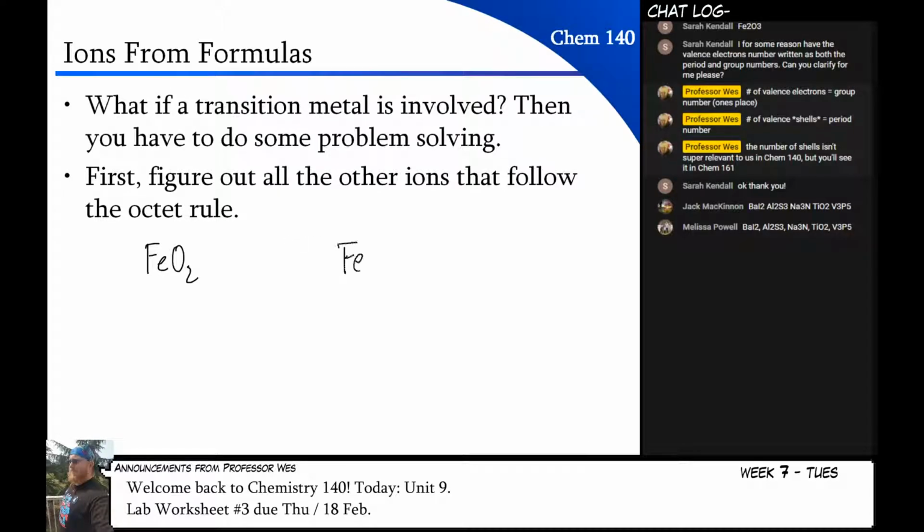Well, I've got iron with its unknown charge, and oxygen is always -2. I got 2 minus times 2. So what number should go here? Well, if I'm going to balance out this charge, and I have a total -4, this has to be +4.